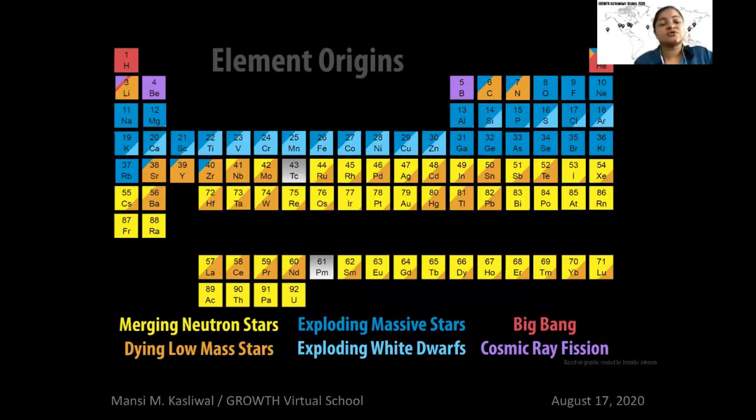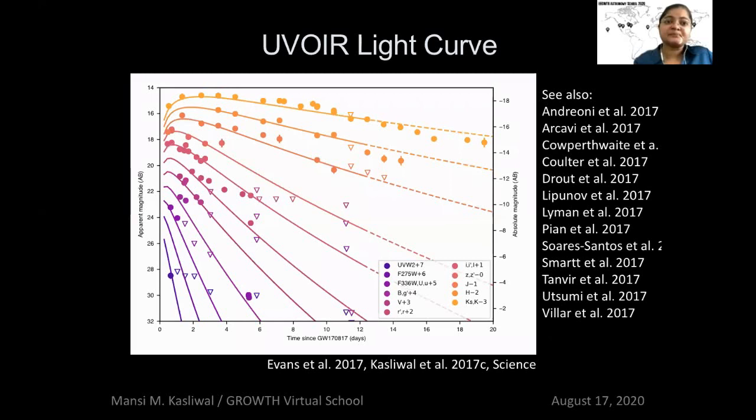We knew that hydrogen and helium come from Big Bang nucleosynthesis. We knew that all these elements in light blue and dark blue come from 2 different flavors of supernovae. But all the elements in yellow were supposed to come from merging neutron stars, but we didn't have any concrete proof. And I hope you'll agree with me that seeing is believing. And that's what changed on August 17th, 2017.